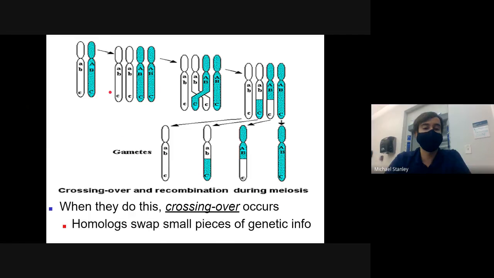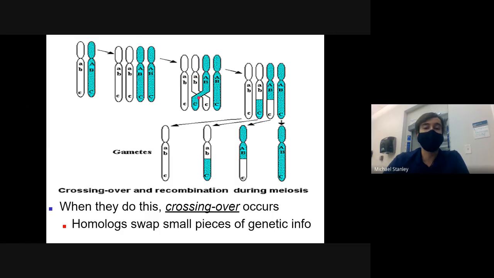So it looks something kind of like this. We have our 2 chromosomes, the white one from your mom, let's say, and the blue one from your dad. They duplicate just like they do when you're going through mitosis. So now you've got the 4, the tetrad, all together.